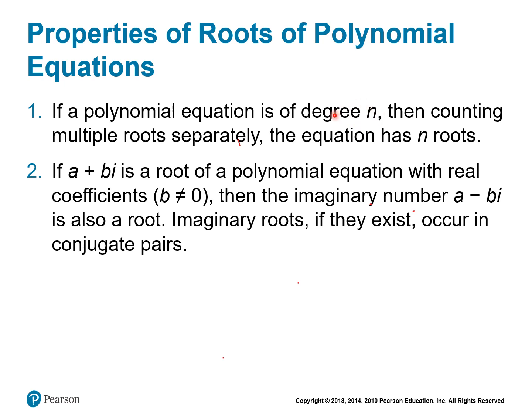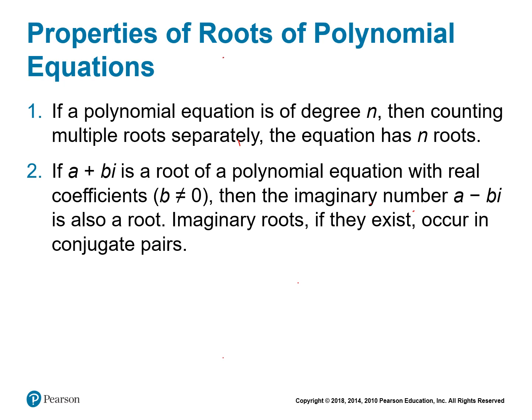What does degree mean? Degree is the highest exponent of the polynomial. So the number of solutions you can expect an equation to have will always be equal to whatever the highest exponent is in that polynomial.